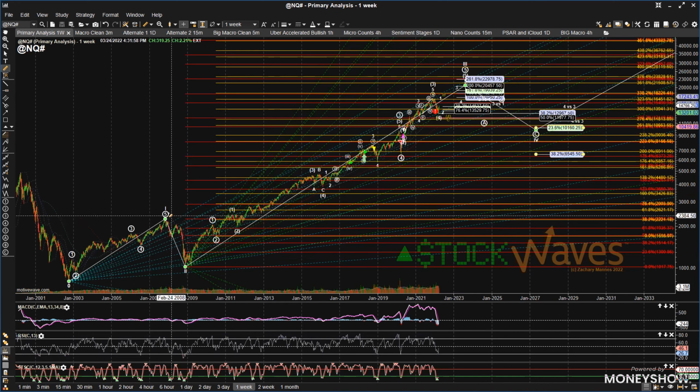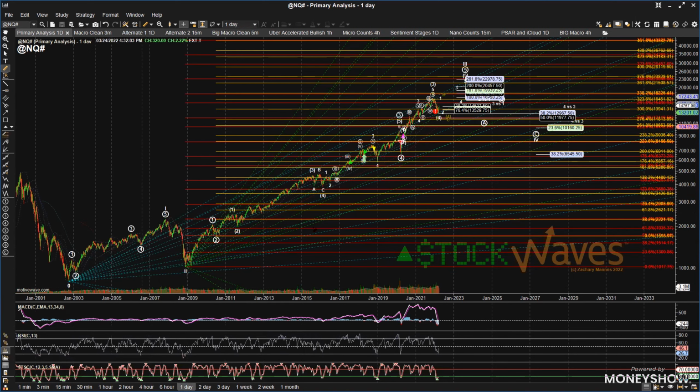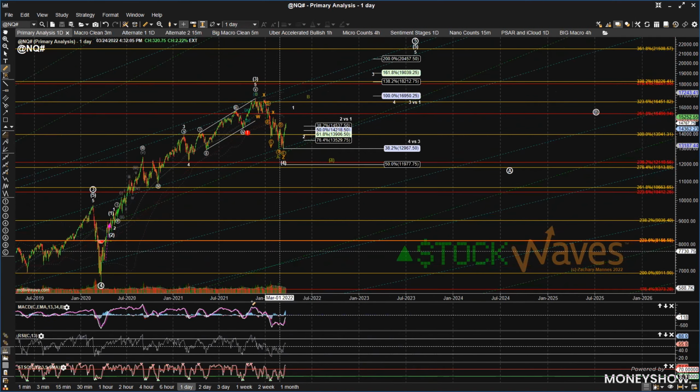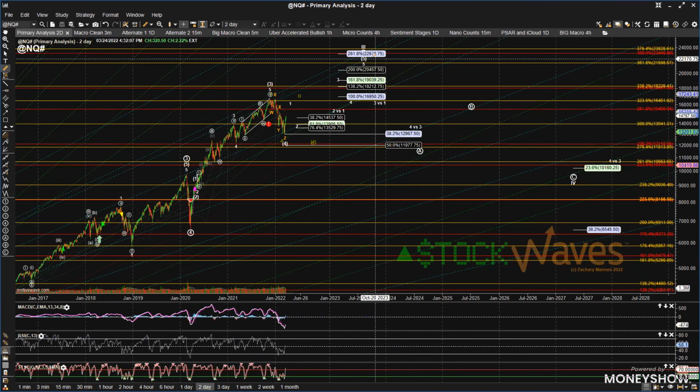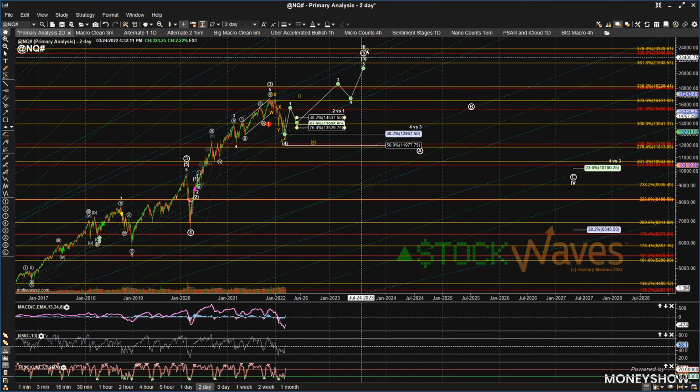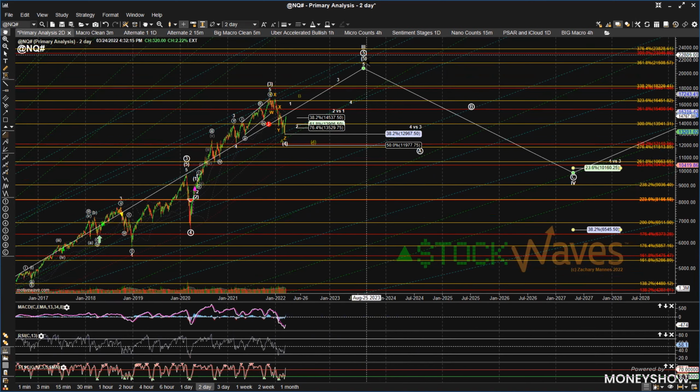That 2007 to 2008 drop was sharper, so it's possible that once we complete this parentheses wave 5 of the circle wave 5, this is a choppier, more sideways correction through time, and not as sharp of a drop as in 2007 to 2008, but it will be the same magnitude degree on our charts.